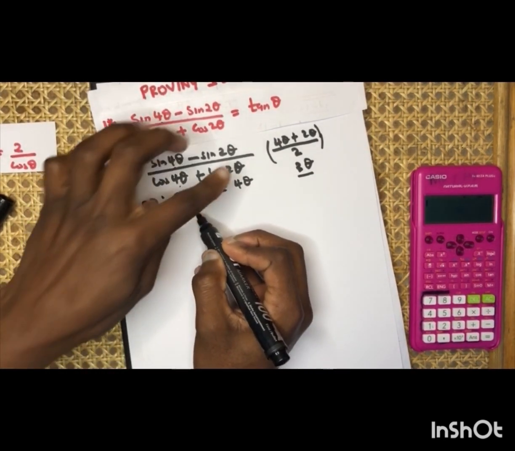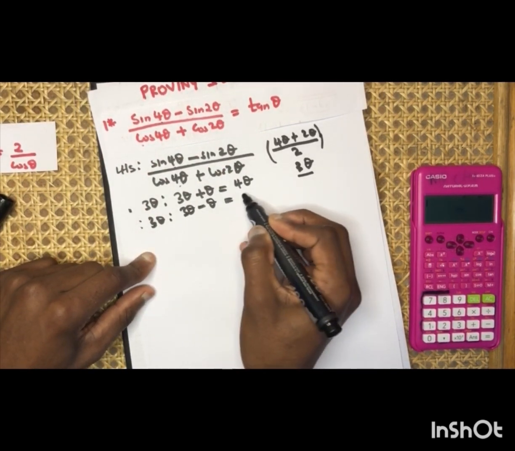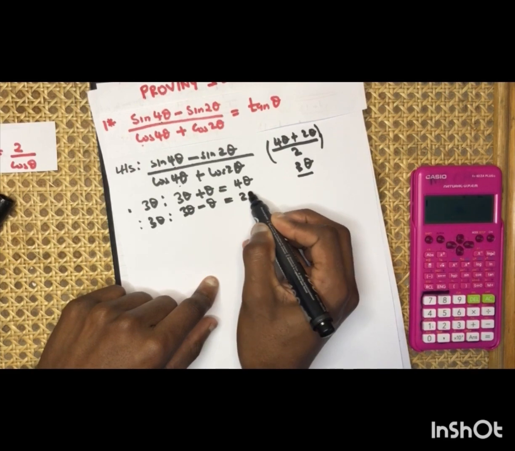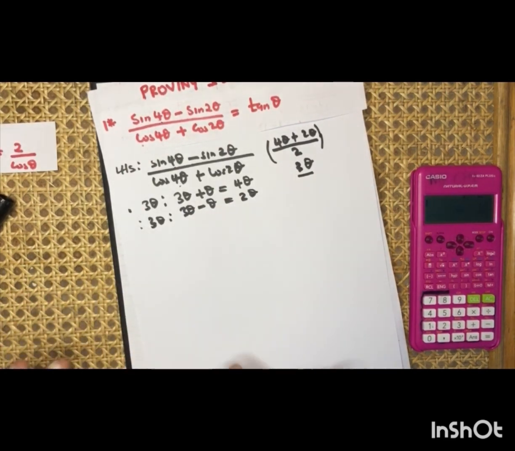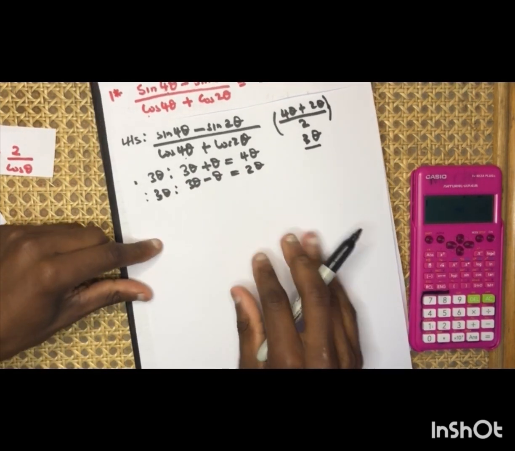We can also present 2 theta as 3 theta minus theta, which gives us 2 theta. So that's what we need to do, because we are going to apply your compound angles, guys. So we're going to start here.